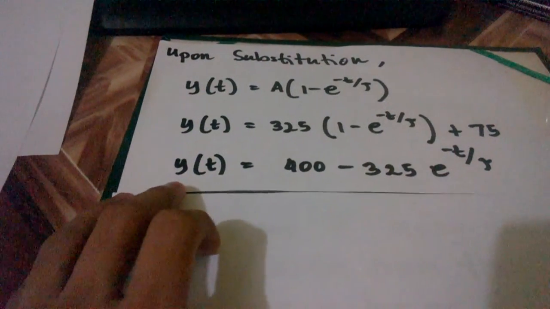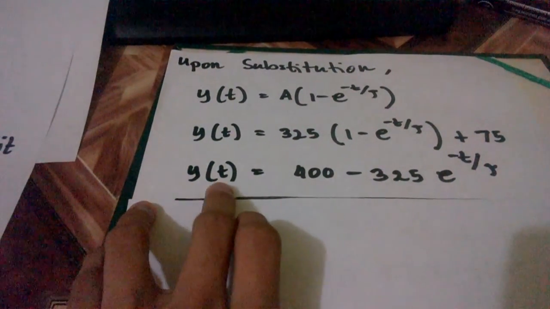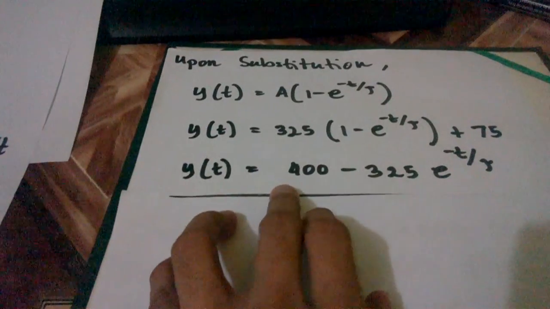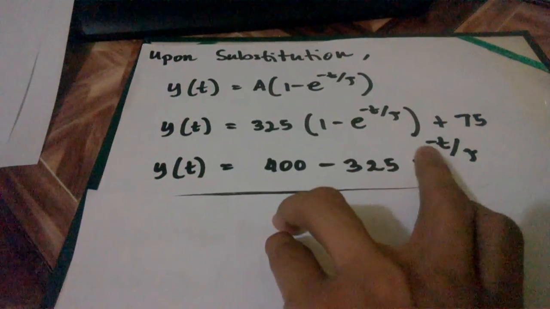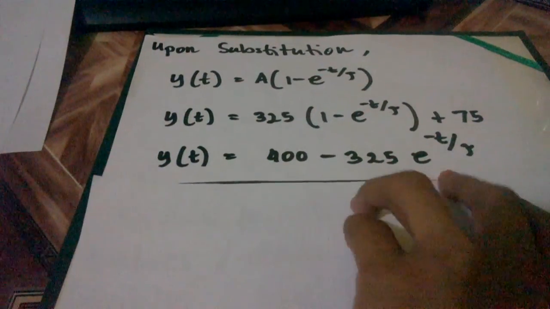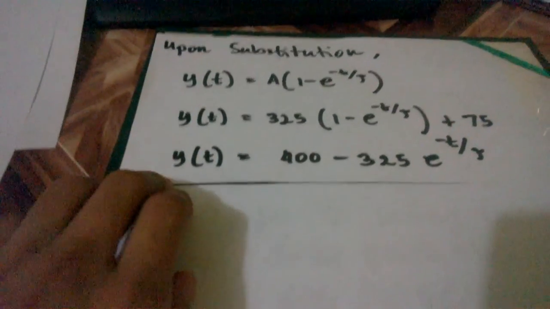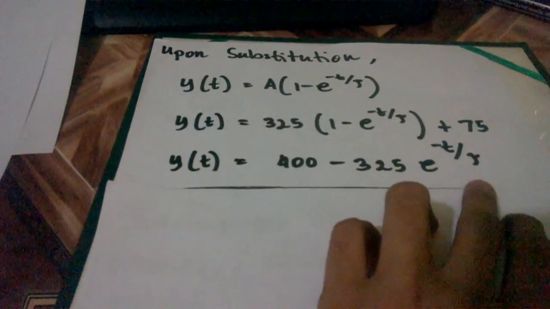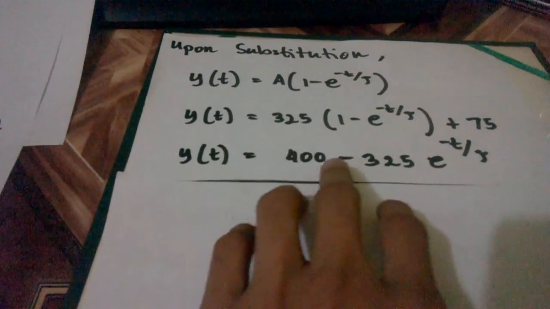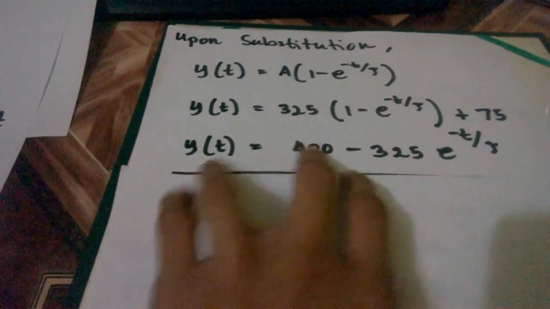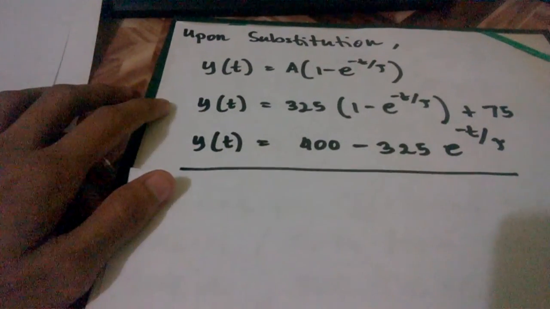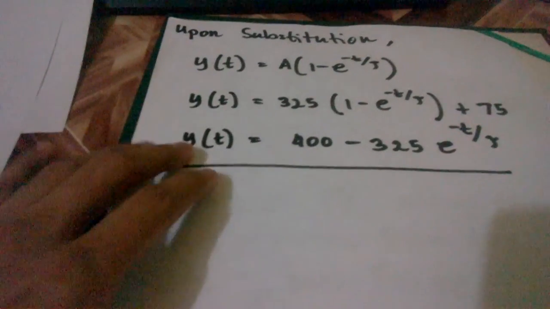So our final working equation is y of t is just equal to 400 minus 325 e to the negative t over tau. Using this equation, we can solve for tau, since we are given our temperature at a specific time t from the data given below.